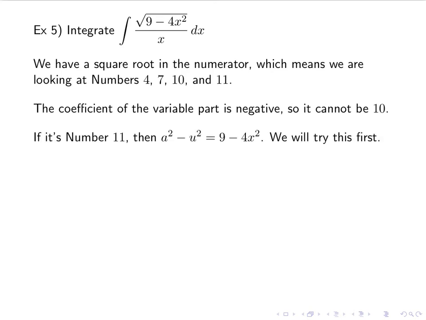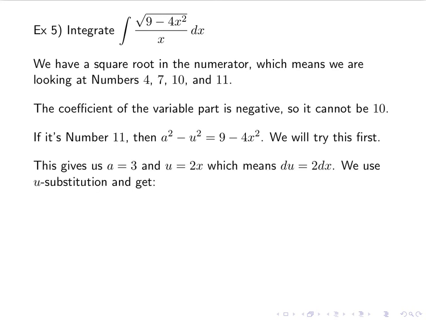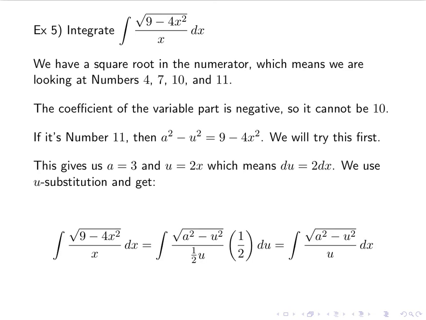If it's number 11, then 9 minus 4x squared is the a squared minus u squared. Again, that looks like it's probably the right one, so we'll try it first. That would give us that a is 3, u is 2x, which means du is 2 dx. And if we plug that in using our u substitution, we'll get the following.